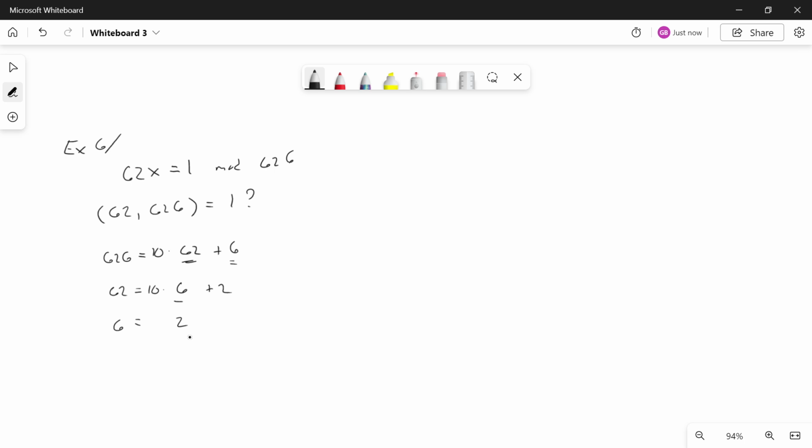Now, how many times does 2 go into 6? It goes 3 times with a remainder of 0. I stop here, and 2 is my GCD. So the GCD of 62 and 626 is equal to 2, which is not equal to 1. Therefore, this element does not have a multiplicative inverse.